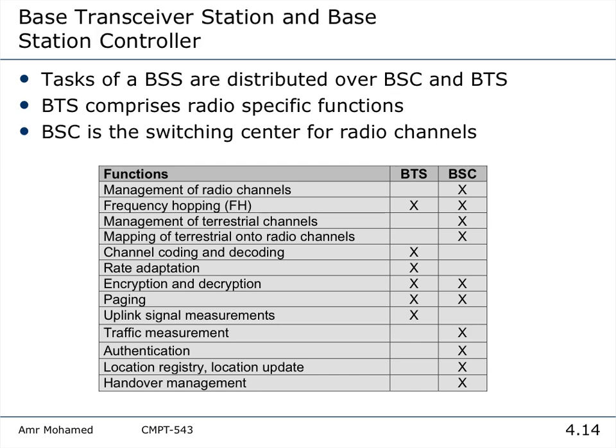And we will talk today about the main functionality in the different layers, how the channels are divided in GSM, and what is the main functionality for handover in particular. Assignment 3 also will focus on handover in GSM.